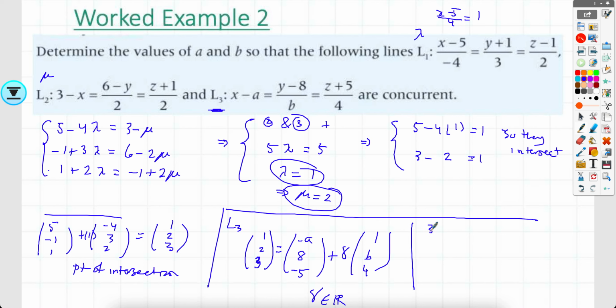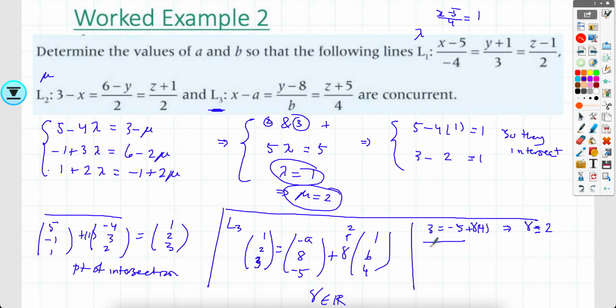So the third equation is 3 equals negative 5 plus gamma times 4. And that gives me that gamma is equal to 2. Once I have gamma equal to 2, I can substitute it here. And so instead of gamma, I can now replace it with a 2, and I have a nice equation.